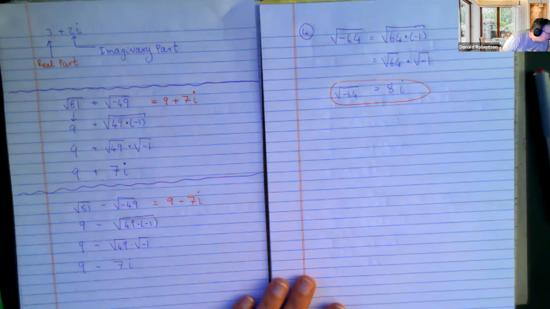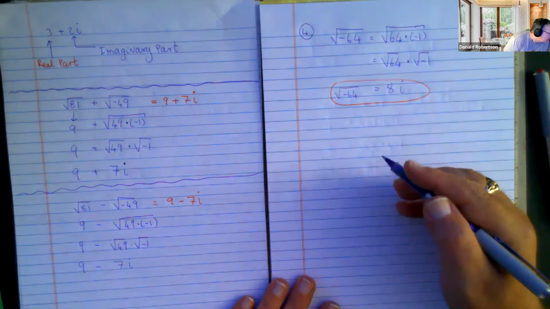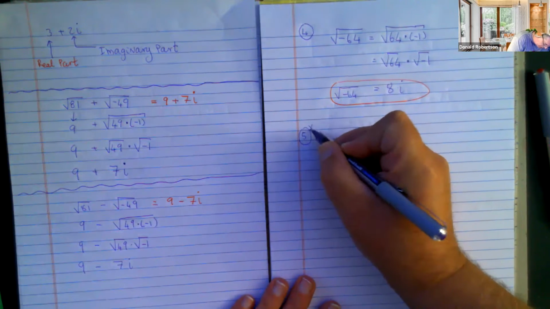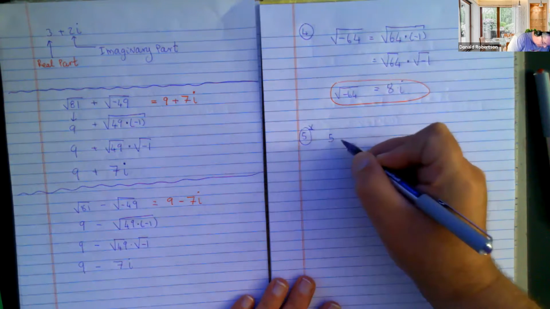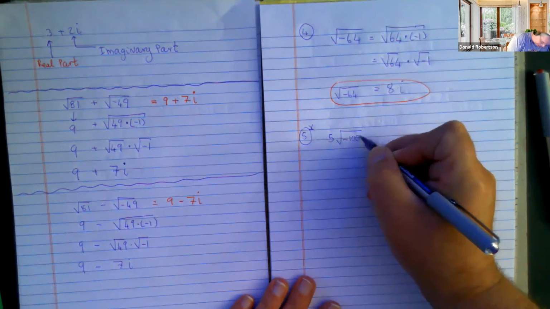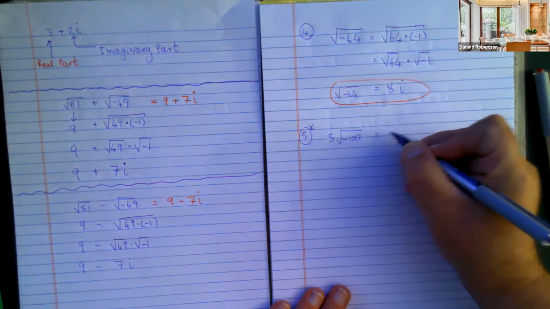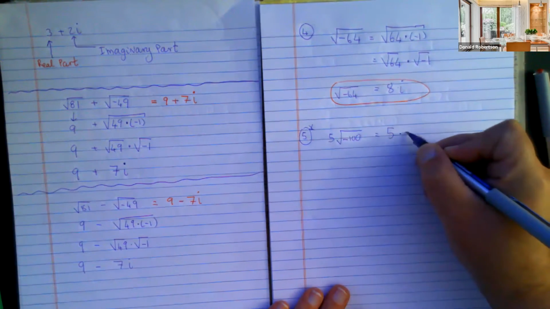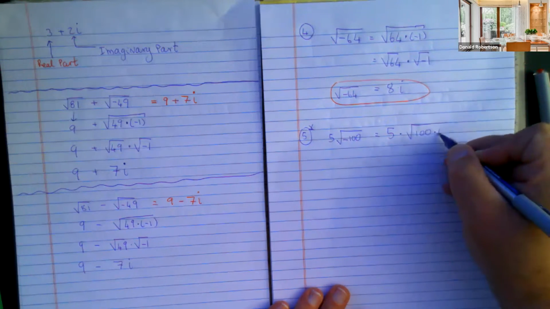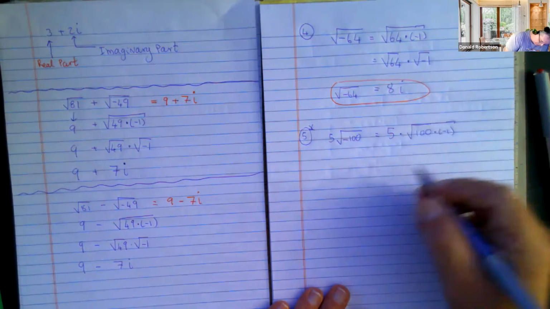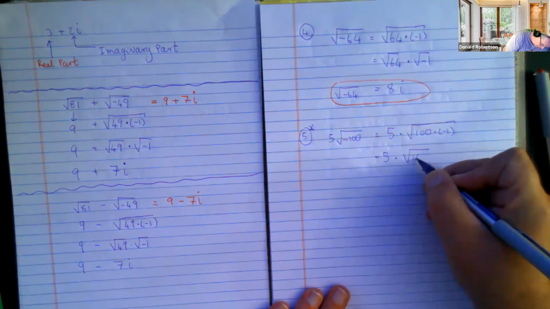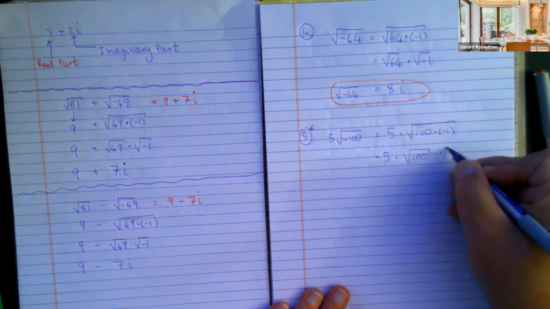Let's add a multiple at the front and see if we can make it a little bit harder. Let's suppose we take, for instance, a version of question 5. And we ask you to do 5 times the square root of -100. So what we're now going to have is 5 times, and the -100 is going to be 100 times -1. So that's going to get me 5 times the square root of 100 times the square root of -1.